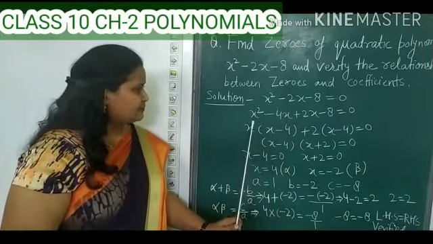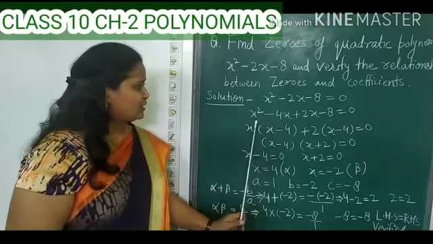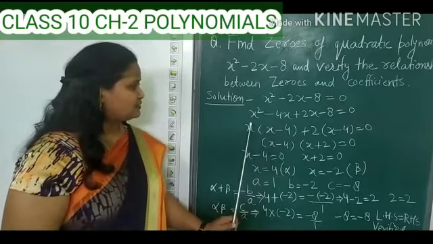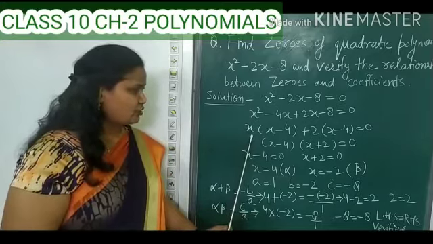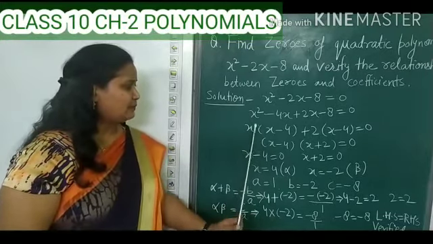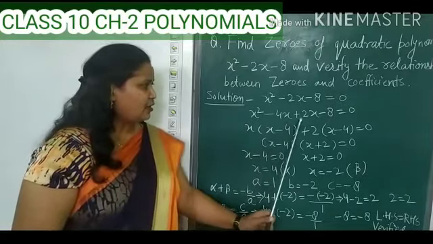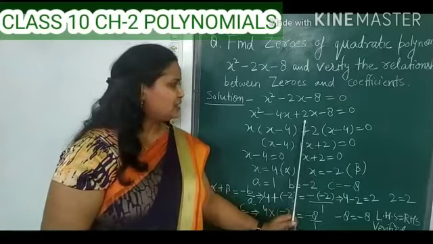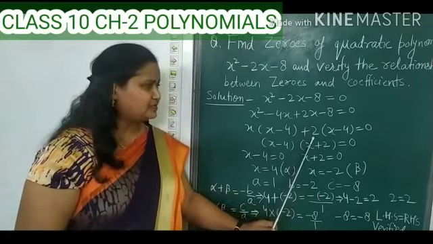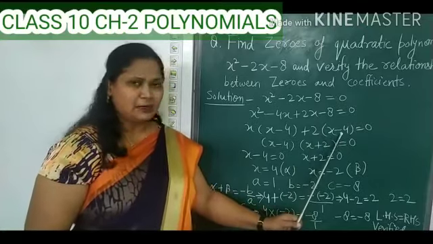Now children, we are to take common factors from these terms. From x square minus 4x, I have taken x as common factor. So it becomes x minus 4 in this bracket. Now in these two terms I can also take 2 as common factor, so it becomes x minus 4 in this bracket.